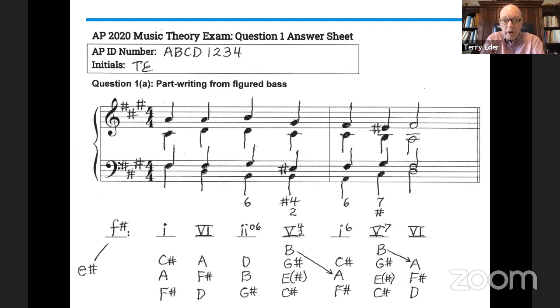And you would have lost the points for the voice leading from the third beat to the fourth beat, and from the fourth beat across the bar line to the first beat. So that's 2 points and 2 points for the voice leading, and you would have lost 5 points just by leaving that accidental off.